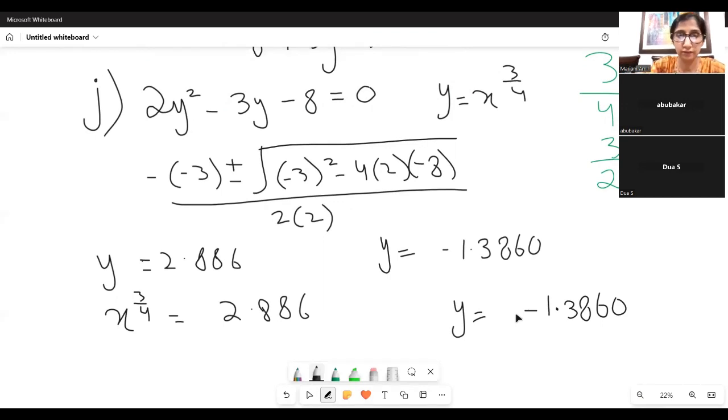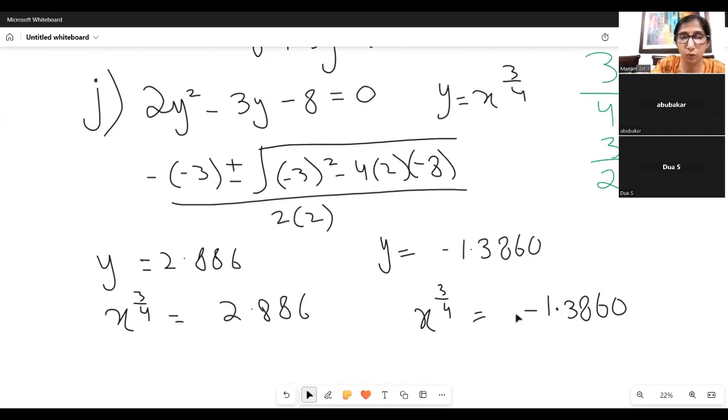See, 2.886 power 4 and cube root. रूट ओवर पावर नहीं होता. 12th रूट तो नहीं लेते. अगर यहाँ x पावर 12 होता, तो फिर आप 12 रूट ऑन बोथ साइड लेते. अच्छा, असल में रूट होता क्या है?